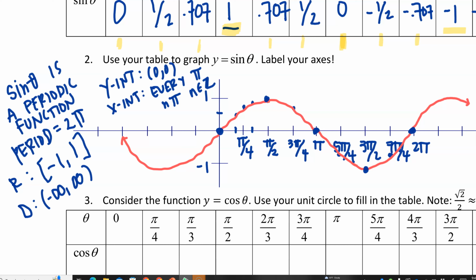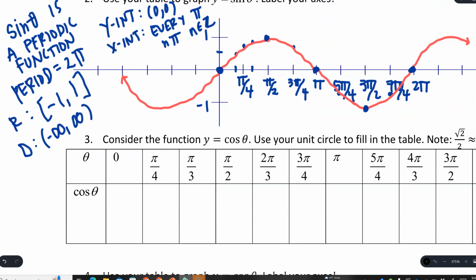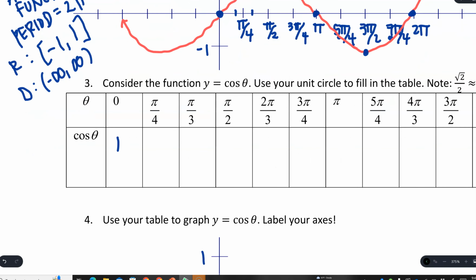So that's sine. All right, so what's going to be a little bit different about cosine when you fill out the table? So what is cosine of 0? So instead of starting out at 0, 0, it's going to start out at 0, 1. So my y-intercept here is going to be 0, 1. All right. What about cosine of pi over 4?